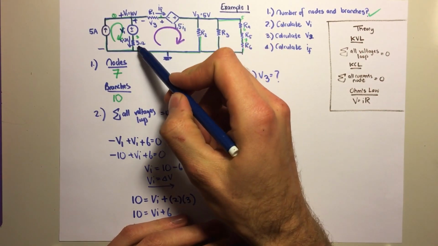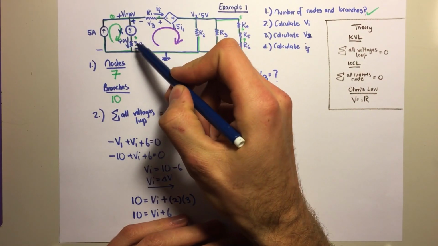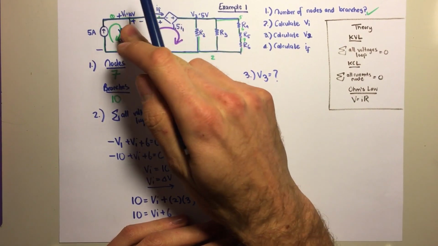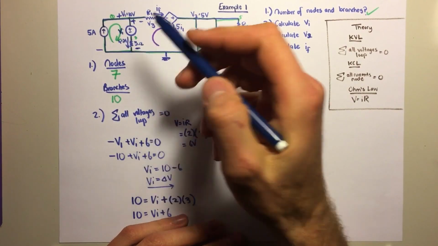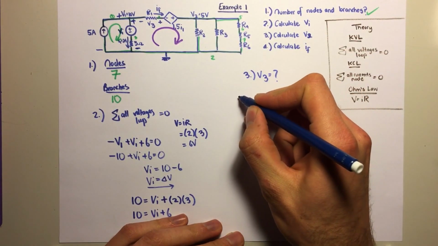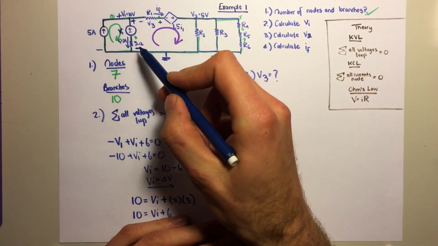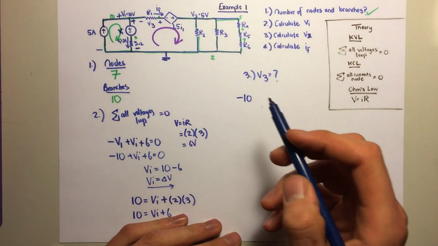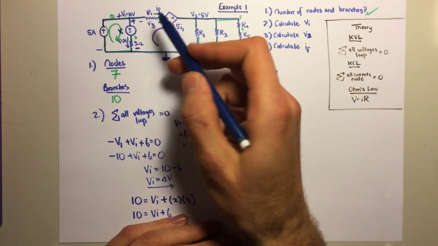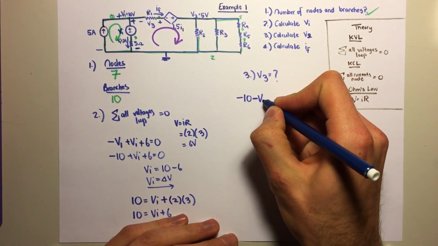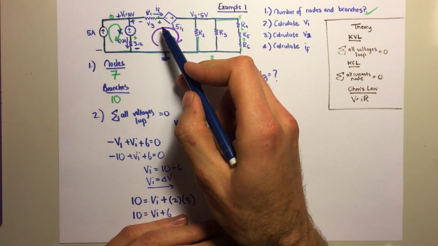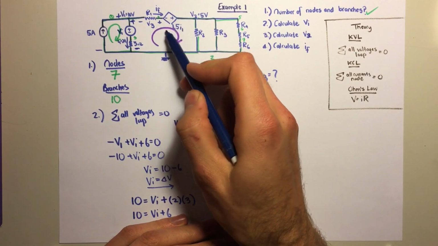So we already know that this is 10 volts from there to there. So we can simply ignore all of this because we know the voltage from there to there is 10. And say minus 10, minus because we're coming from this side, minus V3 because we want to calculate V3, minus the source here.